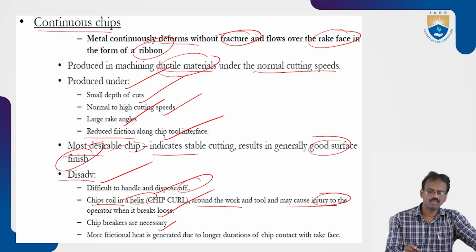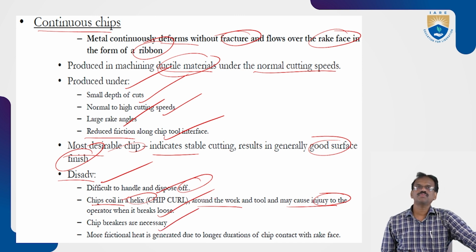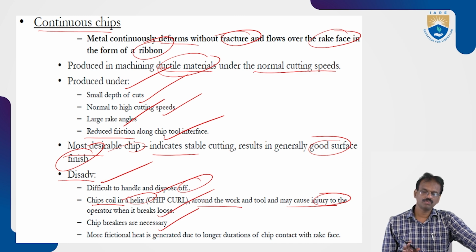Next, chip breakers are necessary here. Breaking of the chips is very important here. Continuous chips give good surface finishing, but you have to cut the continuity of the chips.